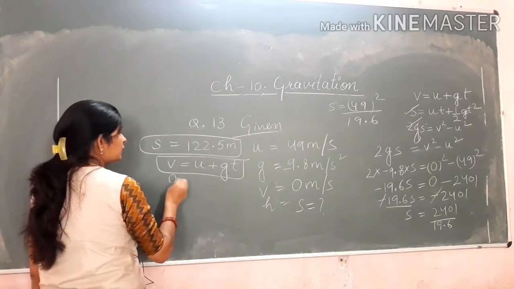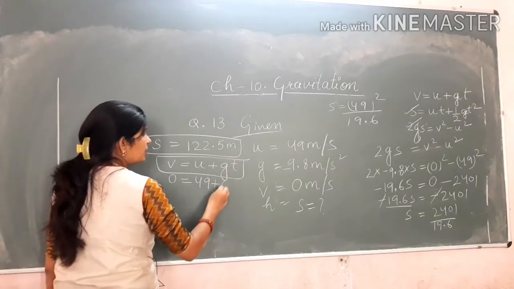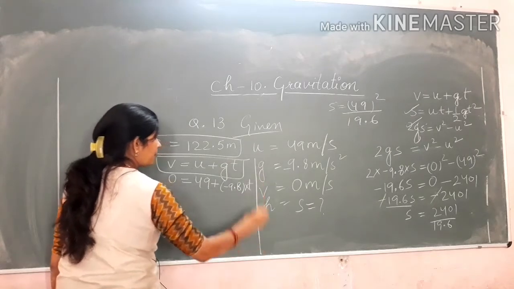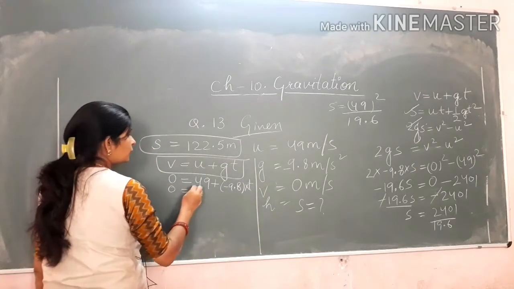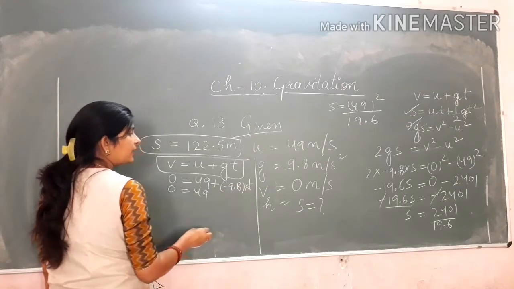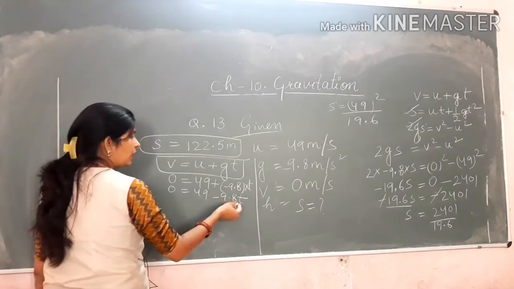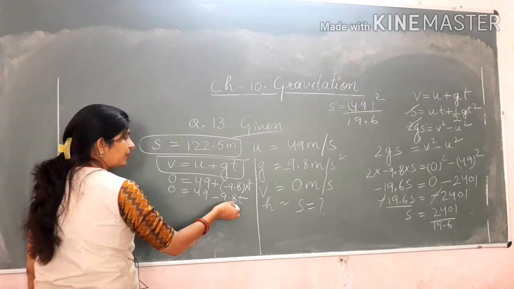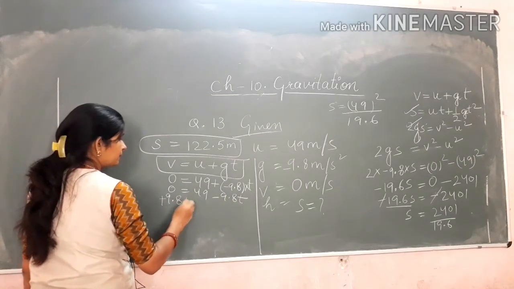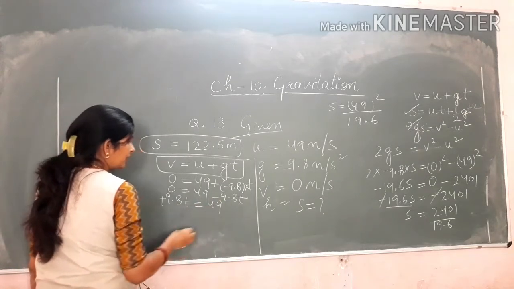V is 0, u is 49, g is minus 9.8, into t. 0 is equal to 49 minus 9.8 t. Now this minus 9.8 t will be transferred from right to left. It will be in plus. 9.8 t is equal to 49.